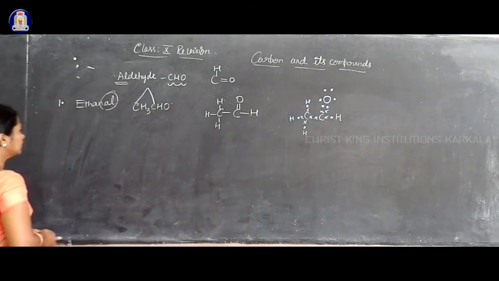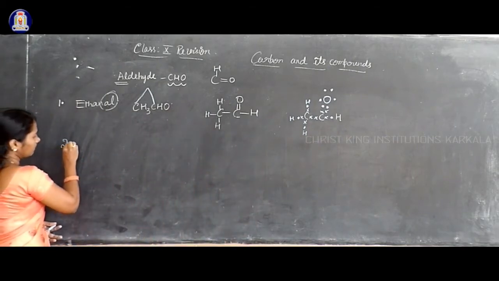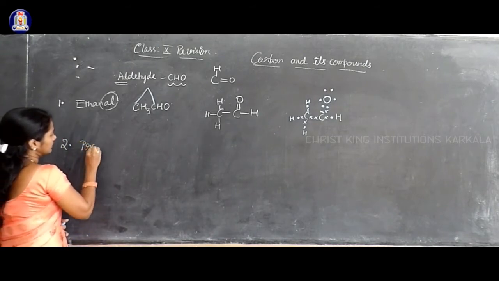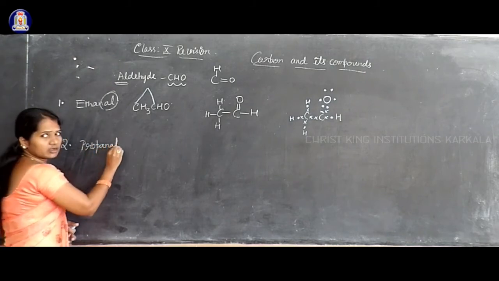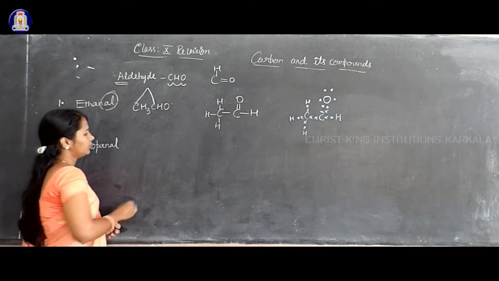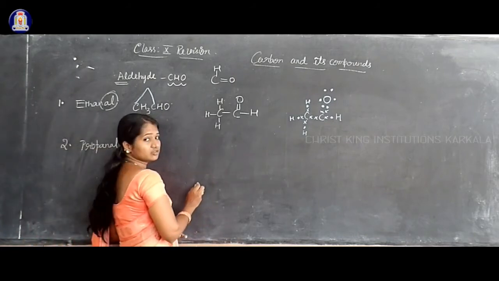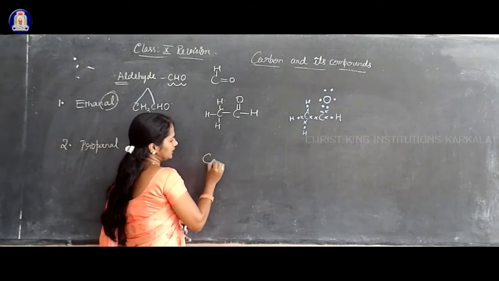Now we will move to the second one, the electron dot structure of the second compound, that is propanal. First write the structural formula.